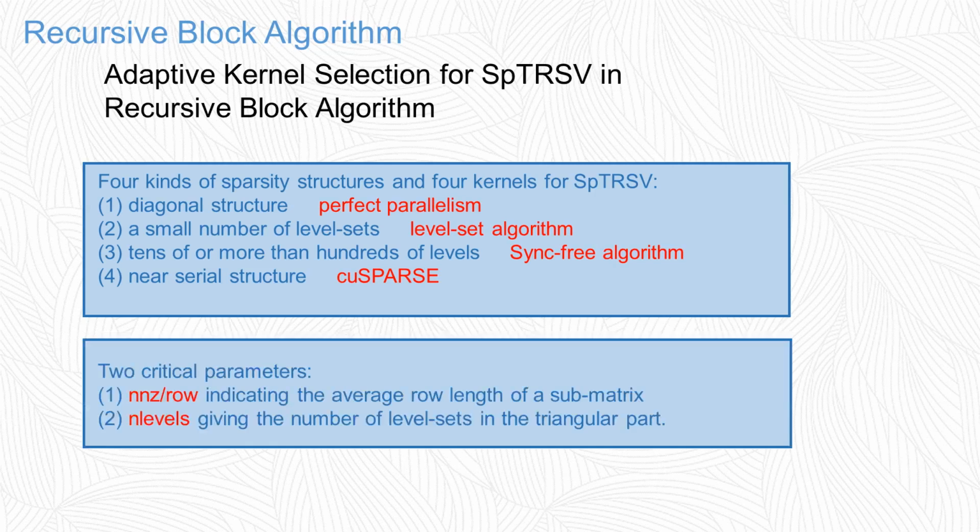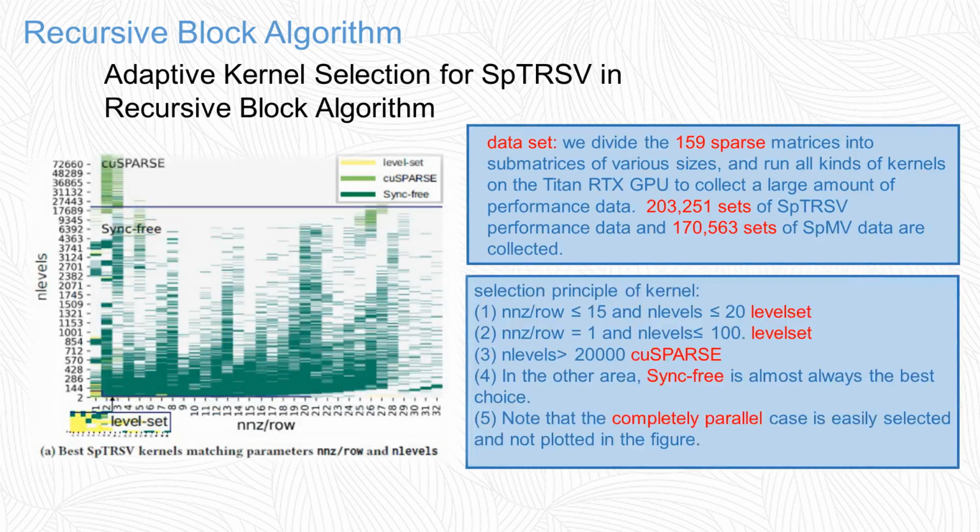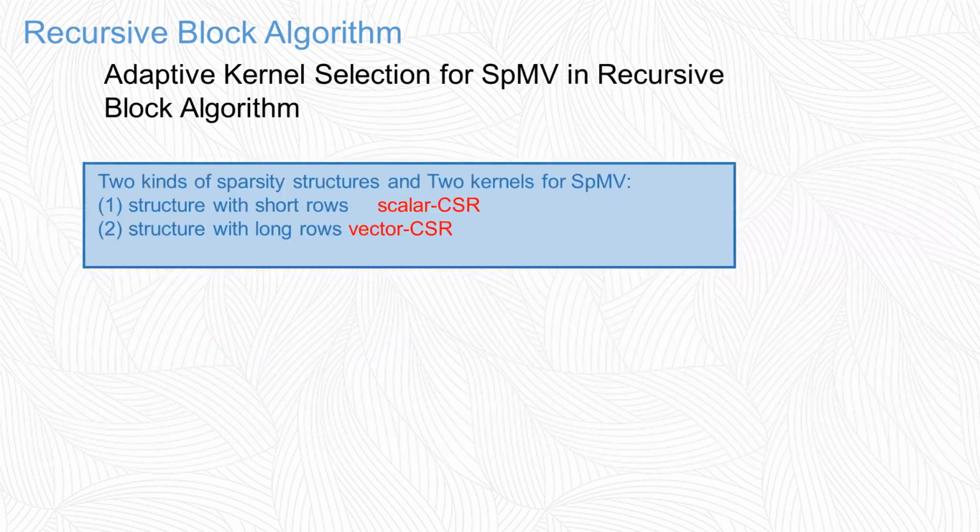For SpTRSV kernel selection, we introduce 2 critical parameters to decide which kernel should be called for a given submatrix. Figure A plots the best SpTRSV kernels selected. We can find the selection principle of the SpTRSV kernel from Figure A.